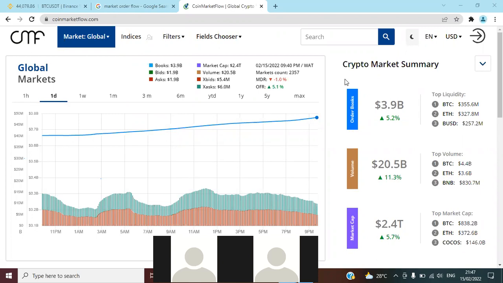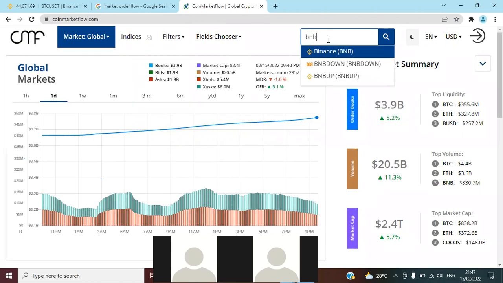So we have vcdev.io, or go to coinmarketflow.com. If you search here, let's say we search for BNB. So you click on BNB.